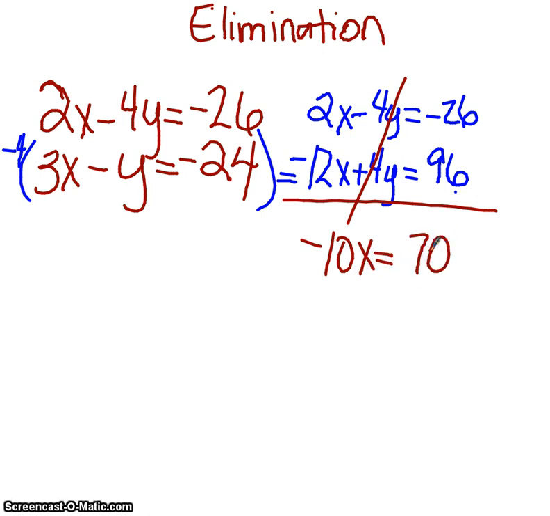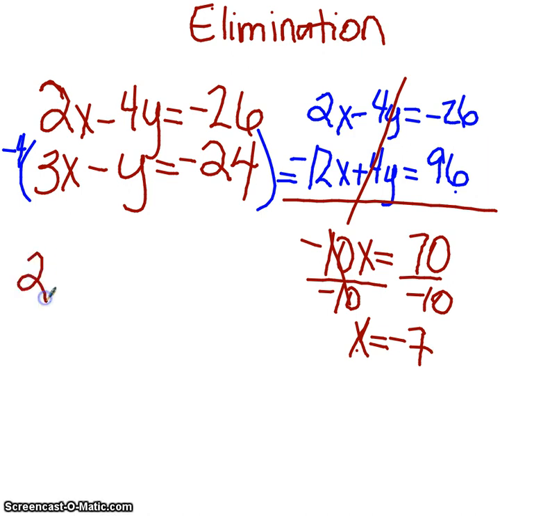So then I just divide both sides by -10, and I get x equals -7. So now that I have the -7, I need to plug it back into either equation to find out what my y is. So I'm going to plug it into the first one. So I have 2 times -7 minus 4y equals -26.